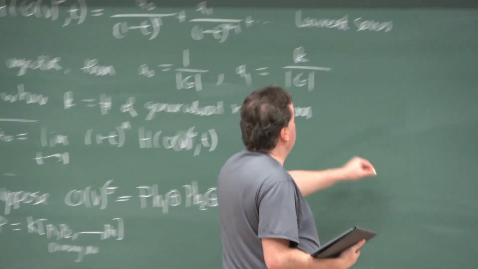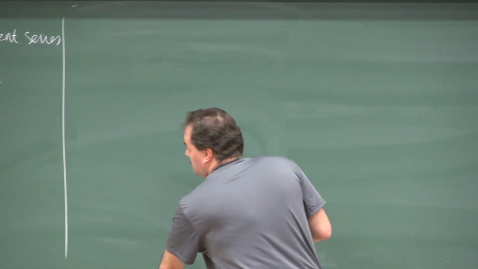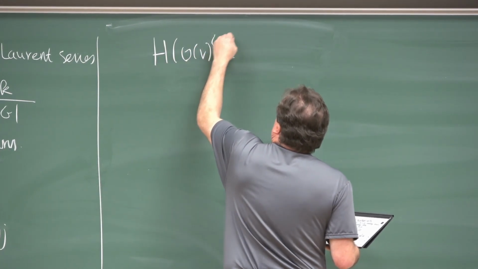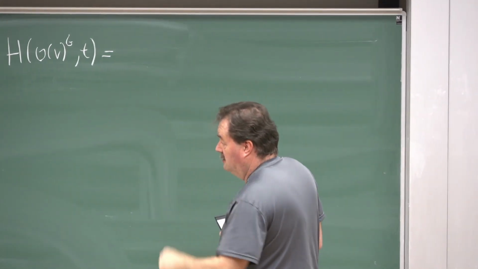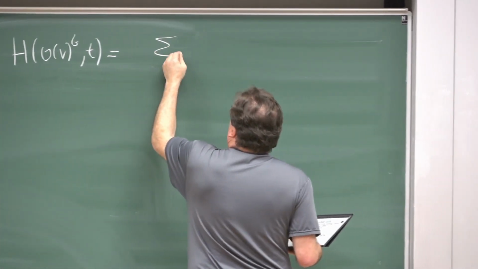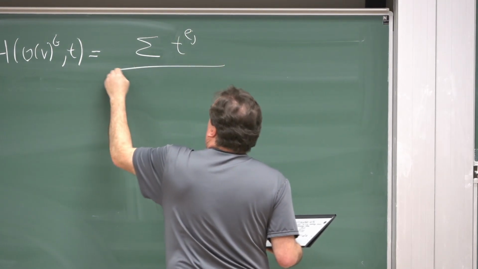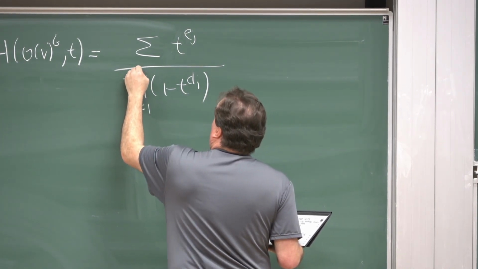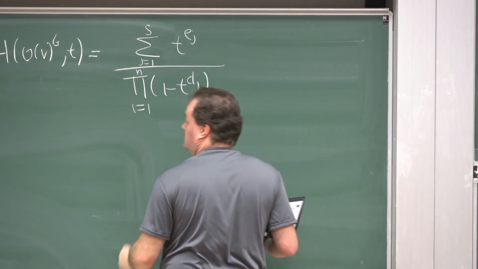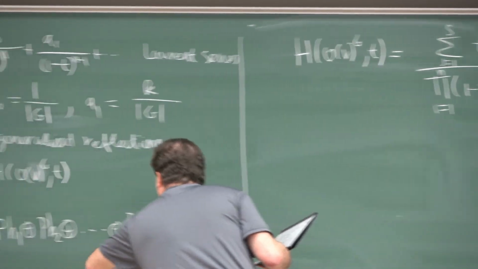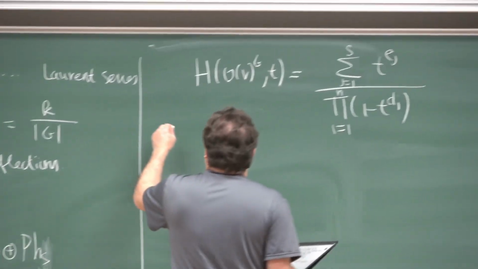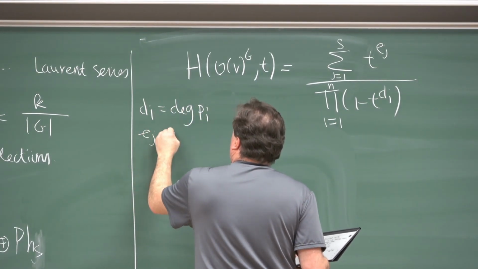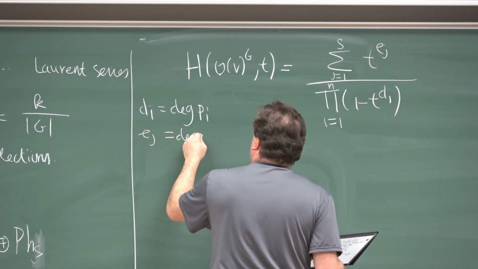Then, in that case, the Hilbert series is the sum of t to the power ej divided by the product of 1 minus t to the power di, where i is 1 to n and j is 1 to s, where di is the degree of the primary invariants and ej is the degree of the secondary invariants.